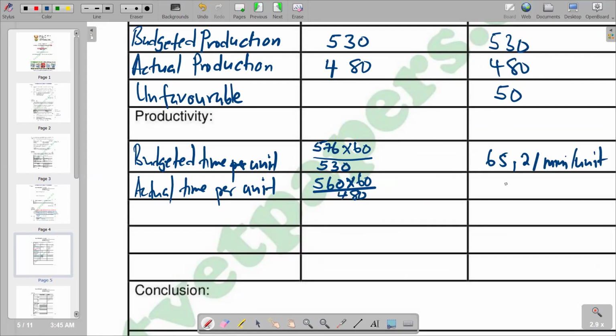And then the answer that we are going to get is 70 minutes per unit. So here we are saying 70 minutes per unit. So basically that's what we have.